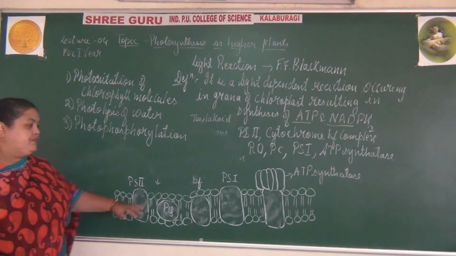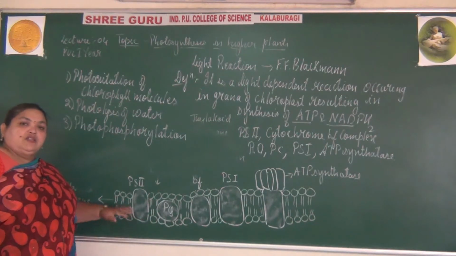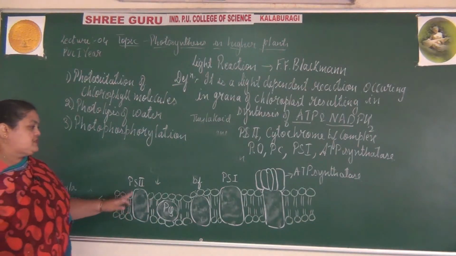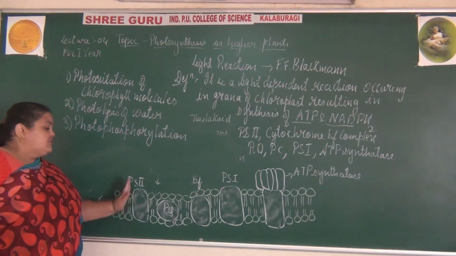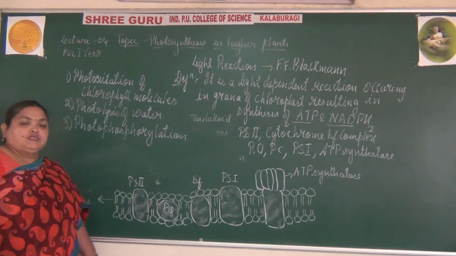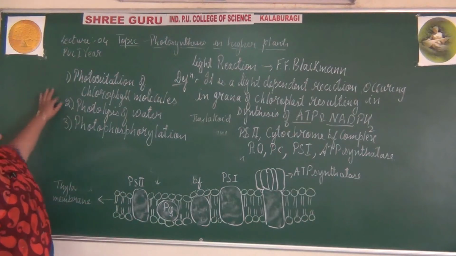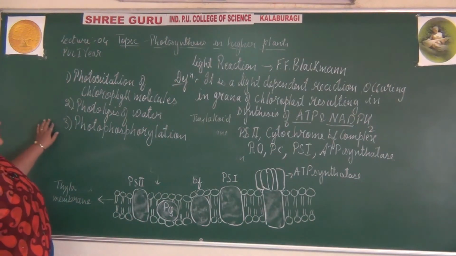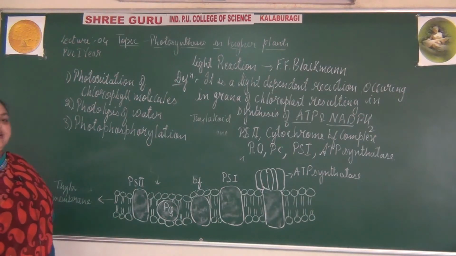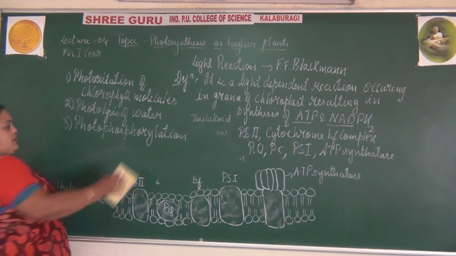As I said, the membrane has the complexes, that is photosystems. The main complexes are photosystem 2 and photosystem 1. So in these three processes we will see how there is photoexcitation of the chlorophyll molecules.